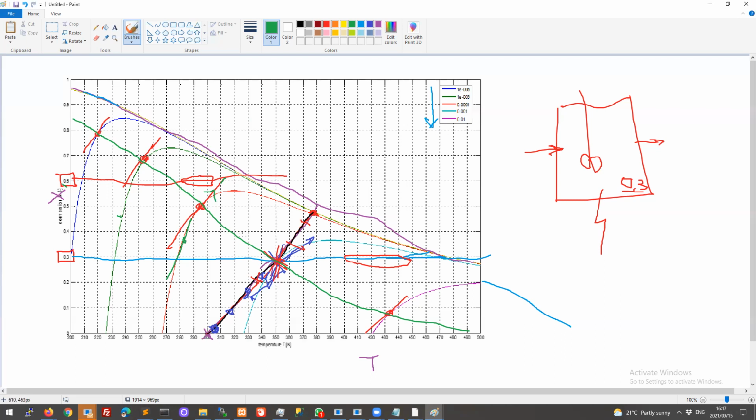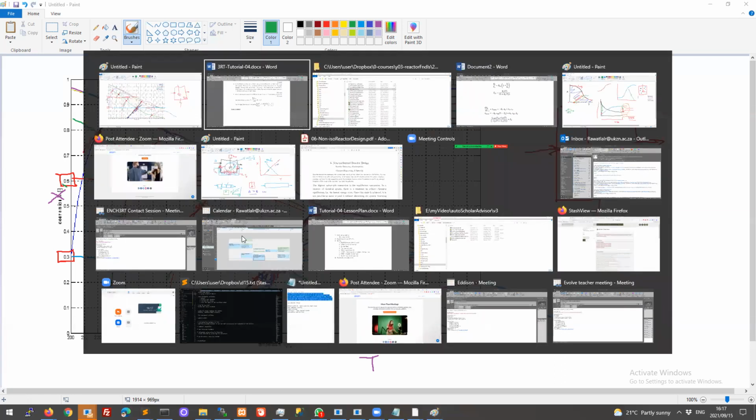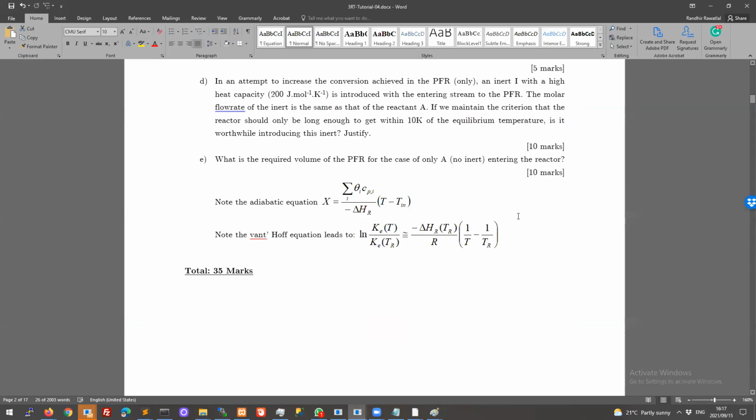And then we have to go back and think about what that slope means. So let's look at our balance again. This is the slope. And you can see this slope, the heat of reaction, we don't think we can change that much. But you see this value theta, that's our inlet flow ratio. That's totally up to us.